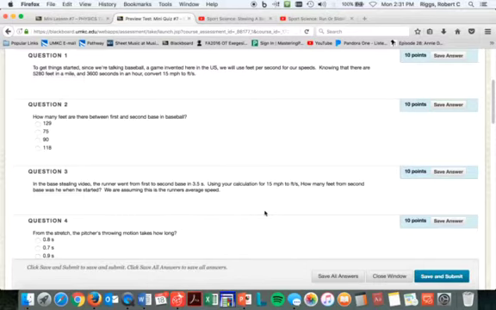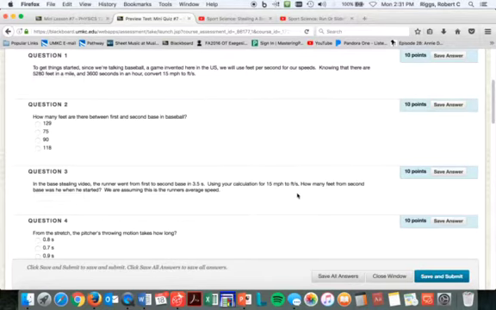Using your calculation for 15 miles per hour to feet per second, in other words what you did in question 1, how many feet from second base was he when he started? It won't be one of these numbers because he had a lead off. We are assuming this is the runner's average speed. You have to throw that in when you're a physics teacher just to make it right.